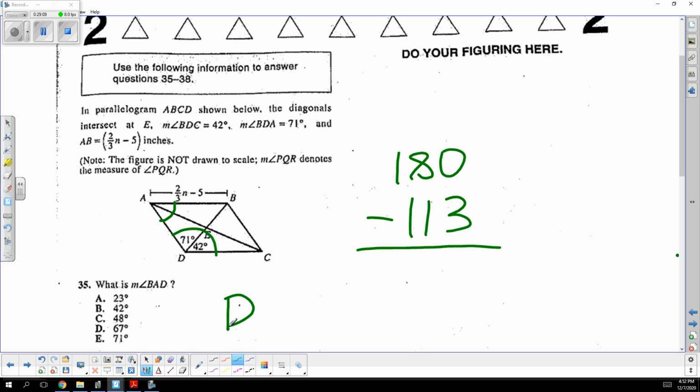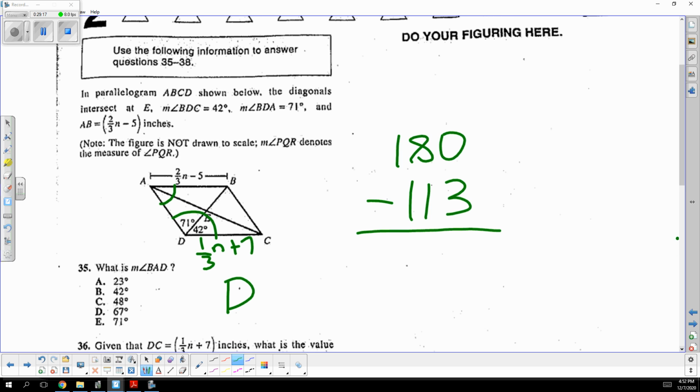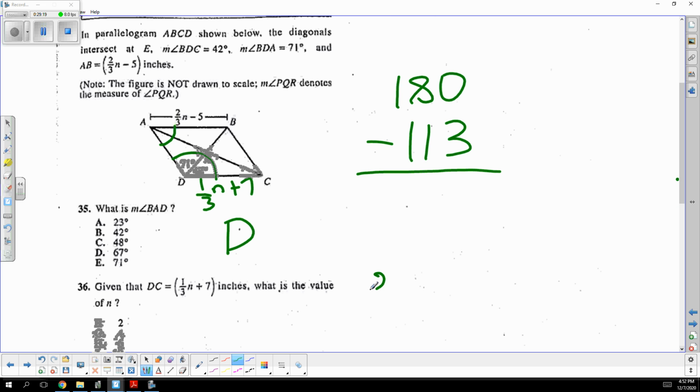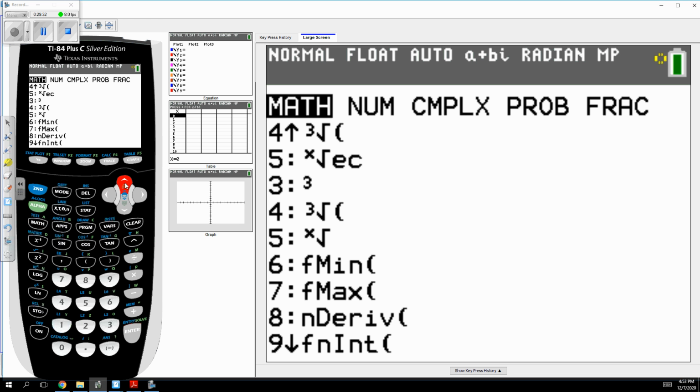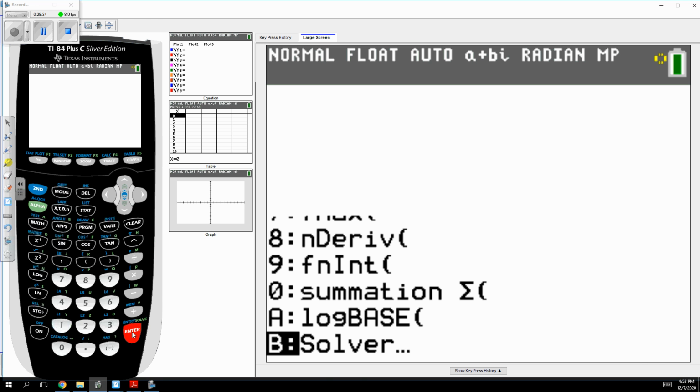They say in 36 that DC is 1/3 n plus 7. So they gotta be equal, huh? So 2/3 n minus 5 has to equal 1/3 n plus 7. Hey, you don't like doing that? Neither do I. Let's go ahead and use solver. Don't you love solver?